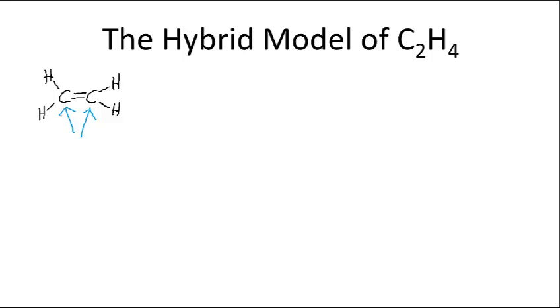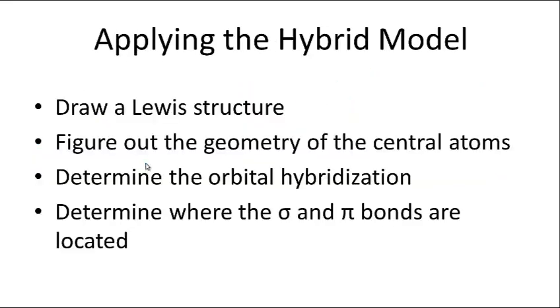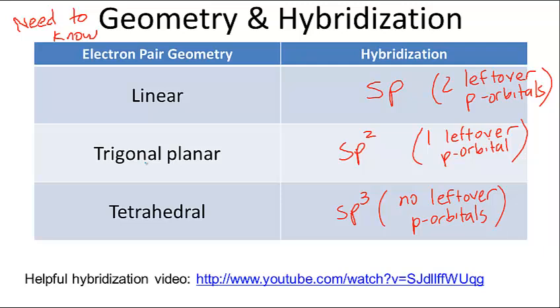Only 3 domains, which means geometry of trigonal planar or flat triangle, if you're not trying to impress anyone. So trigonal planar, which means I look back, oh, that's going to correspond to sp2. So they're sp2 hybridized, and they have 1 leftover p orbital.